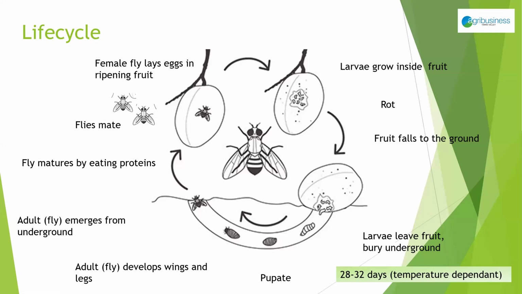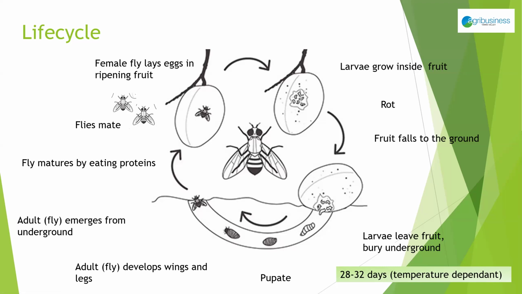They need to seek sugar, water, and protein, just as we do. They actually need to consume protein in order to mature to an adult fly in order to mate. Mating occurs, and the whole life cycle starts again when the female lays the eggs in the fruit.